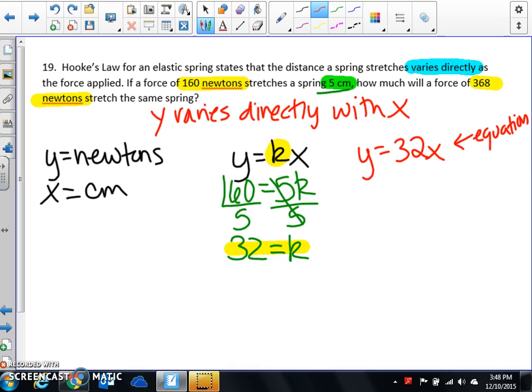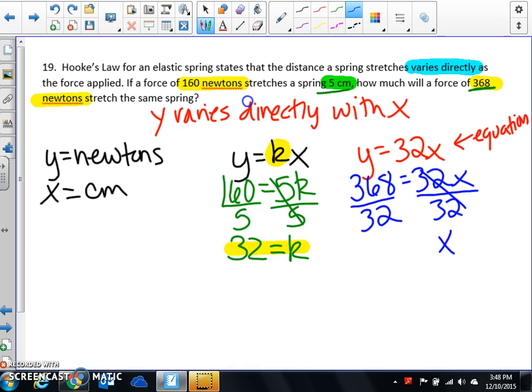Okay, so now they want to know about 368 newtons. So newtons was y, so I plug in 368 for y. Divide both sides by 32. And x equals 11.5. So that would be 11.5 centimeters.